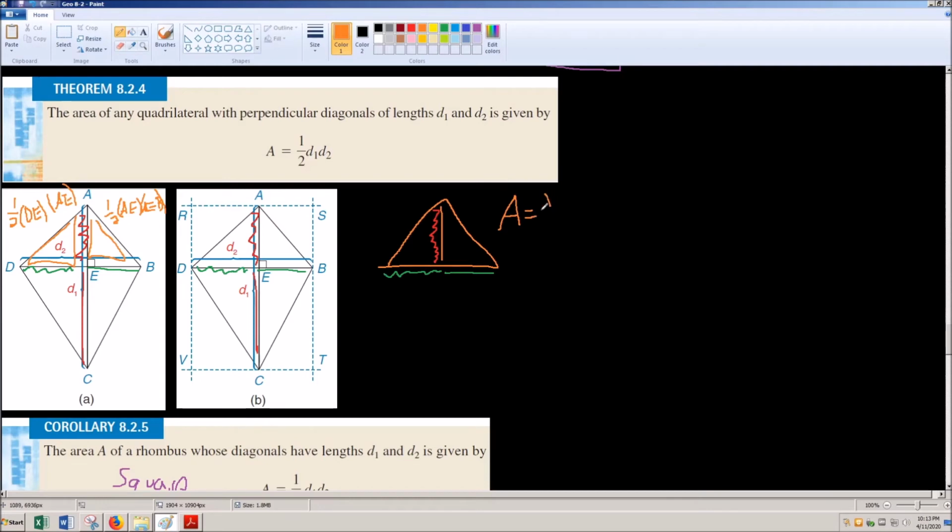I'm going to say it's 1/2 the red squiggle times, and I'm using super vague notation here because I want to leave it just so we can kind of visualize it without needing to dive into naming all these segments. So I get this big orange triangle on top to be this stuff.